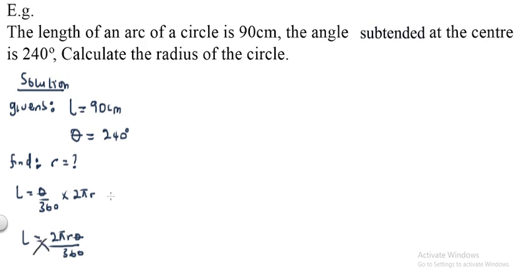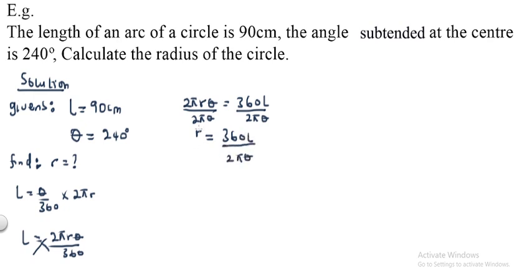You cross multiply, so that you have 2 pi r theta is equal to 360 L. Then you can divide both sides by 2 pi theta, so that you have r isolated. R is equal to 360 L divided by 2 pi theta.